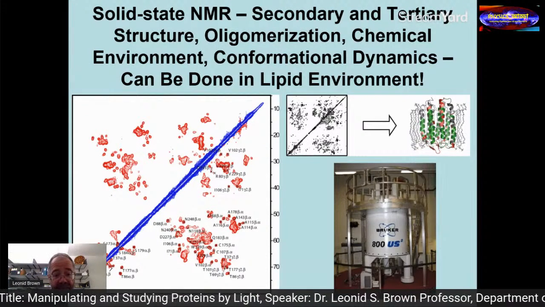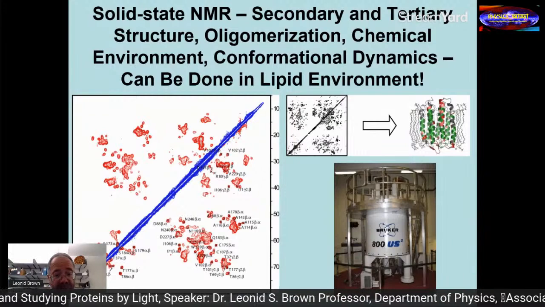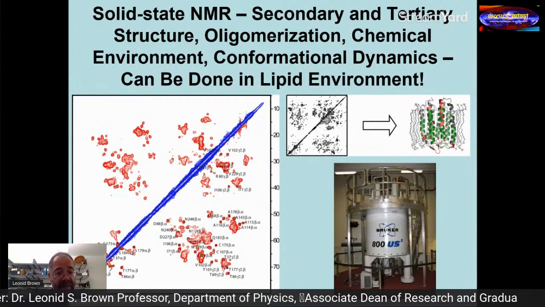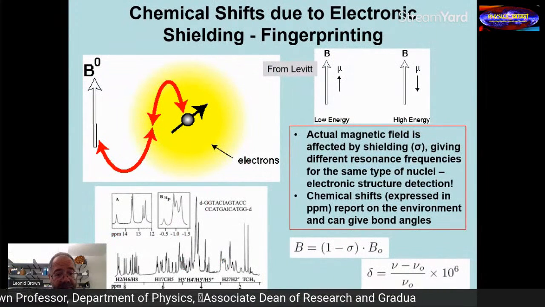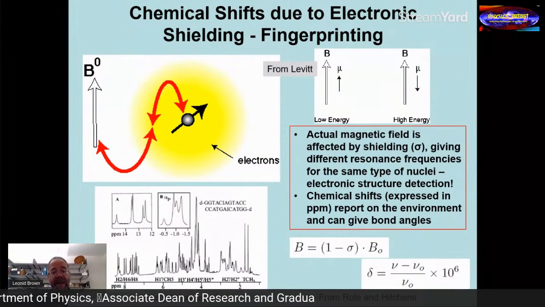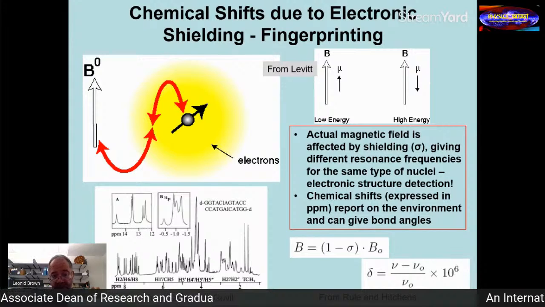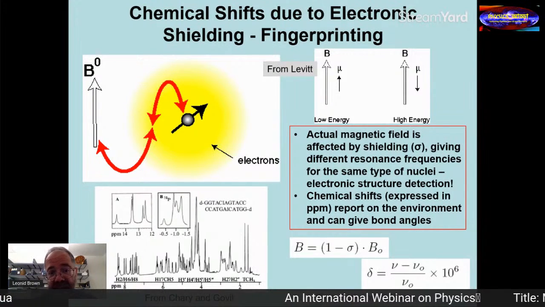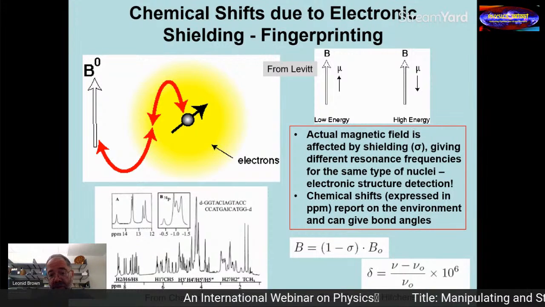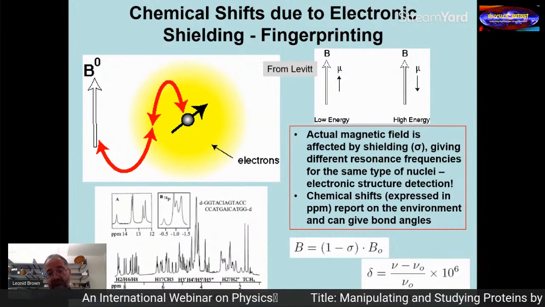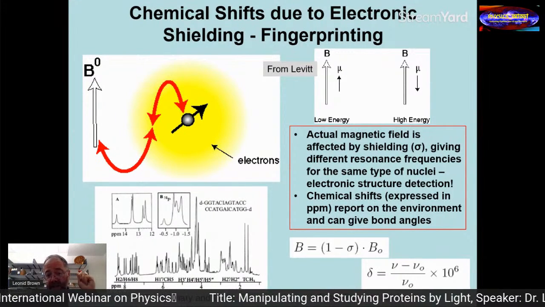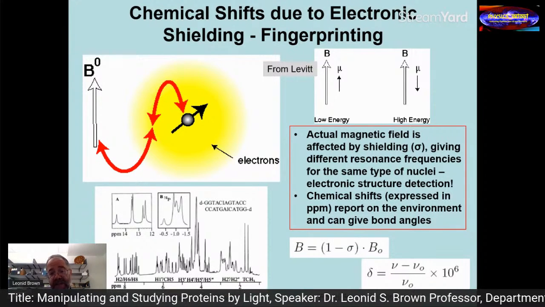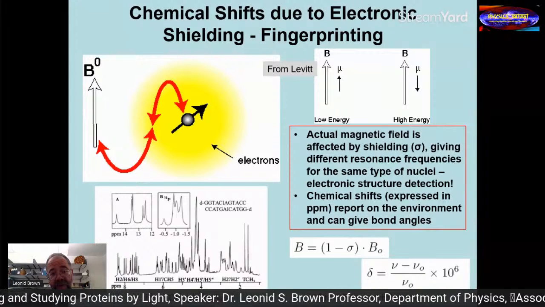Before I give you some examples, I want to remind you of a few basics so that you have a better appreciation of the examples. Two main things which we should keep in mind are chemical shifts. Chemical shifts are basically signatures of each atom. Each nucleus has its own resonance frequency, which we characterize by the chemical shift.